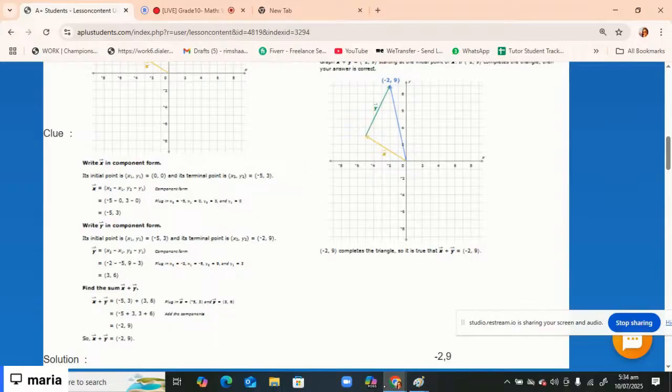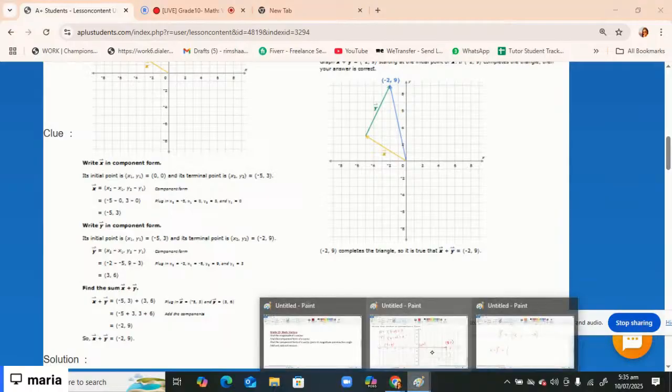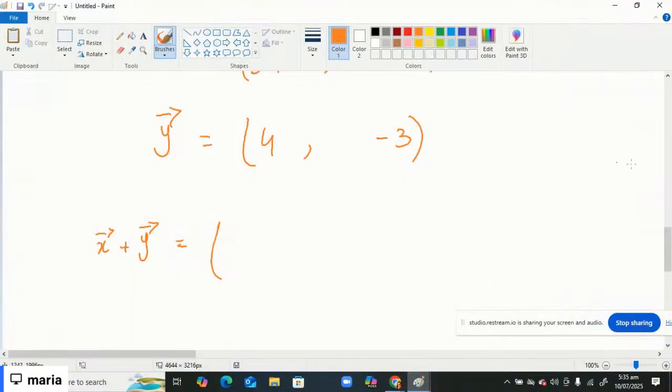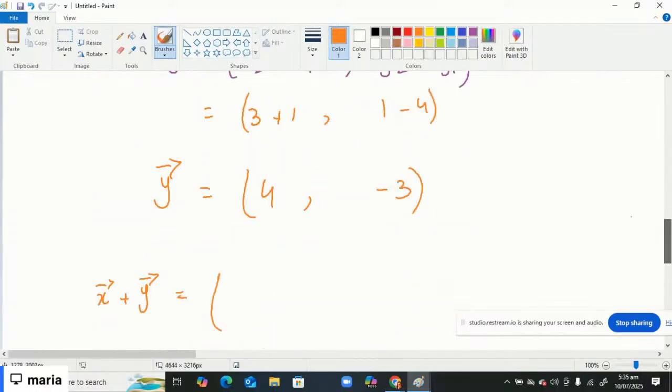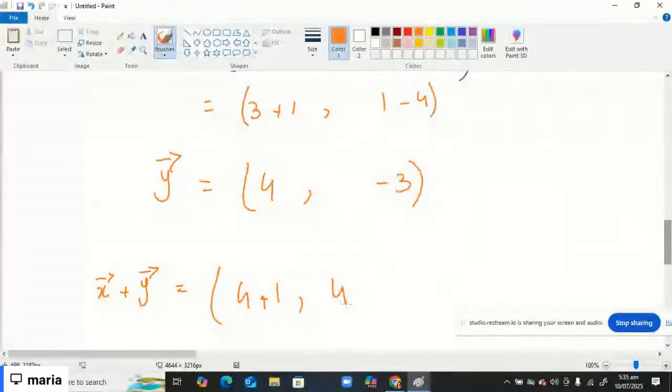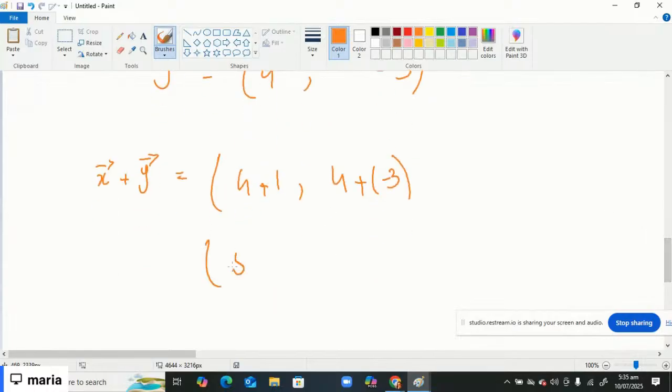Minus 5 plus 3, then 3 plus 6. Then the two values here: this is 4 and here is 1. So 4 plus 1, and here is 4 and minus 3. 4 plus 1 is 5, and that is 1. So 5 and 1 is your answer.